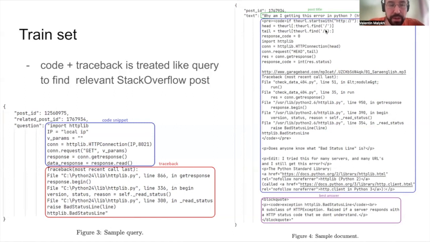And we have the query, which is the code snippet and traceback specifically. So the code snippet and traceback are our query, and the textual description is the document we are looking at.